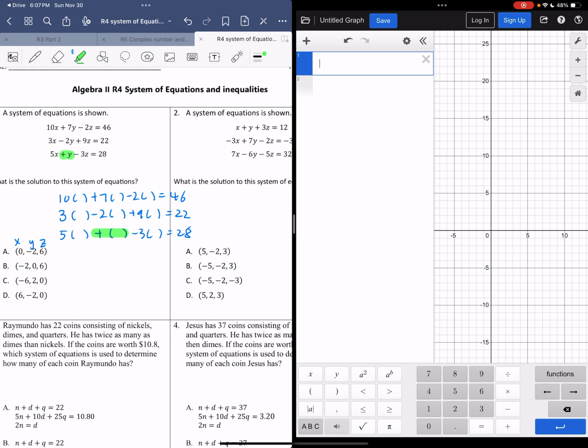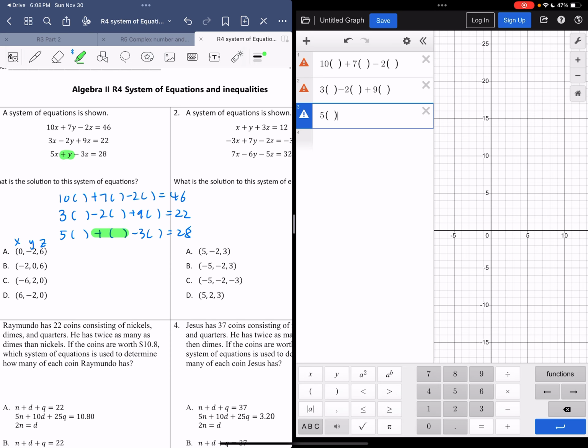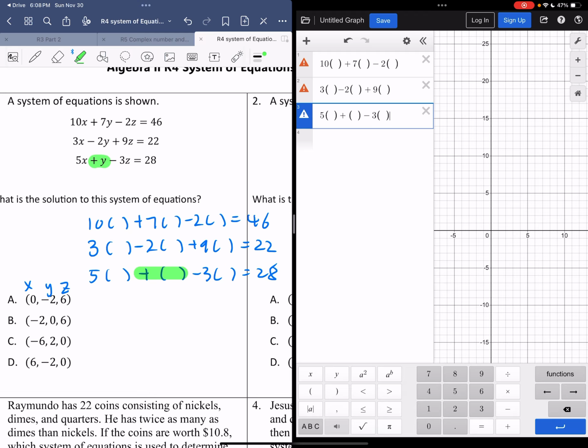As you can see here, it's going to be 10 parentheses plus 7 parentheses minus 2 parentheses, then 2 parentheses plus 9 parentheses, then 5 parentheses plus parentheses minus 3 parentheses. The only thing I'm going to do is just copy this down.